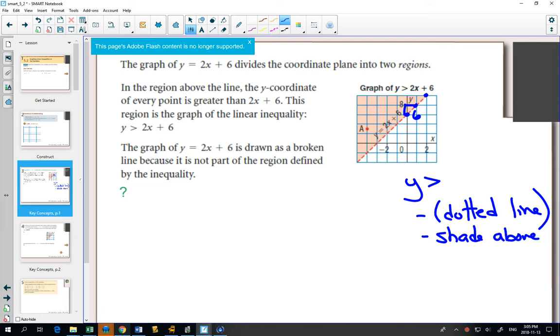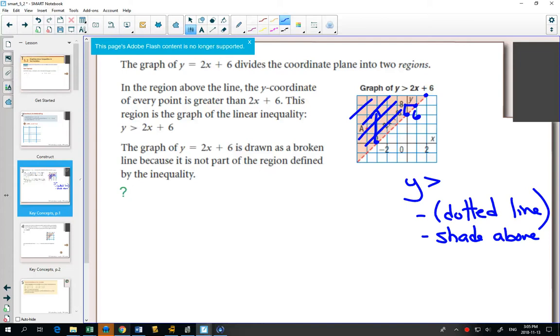you're going to shade above. So the equation we had was y is greater than 2x plus 6. The 2x plus 6 line is drawn with a dotted line. And when shading above, you would shade the part above the line. Does that make sense when I use the word above?